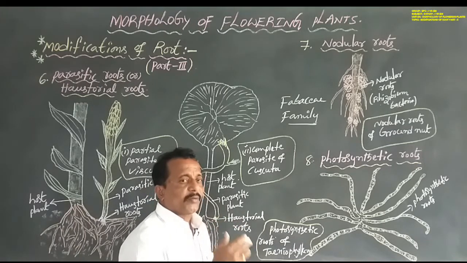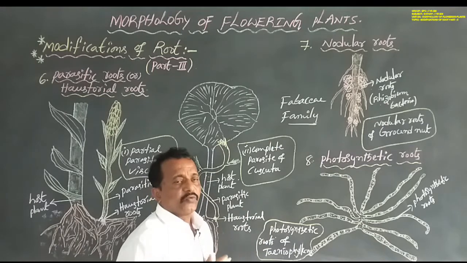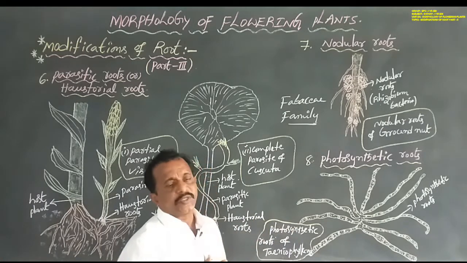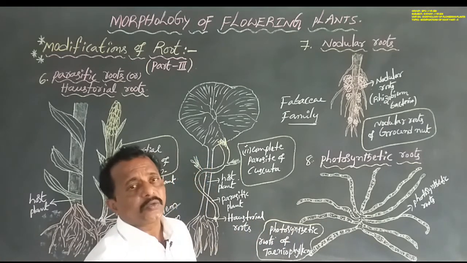In this case some roots are modified into photosynthetic roots, which appear green in color and contain photosynthetic pigment to make their own food. That is called photosynthetic roots.